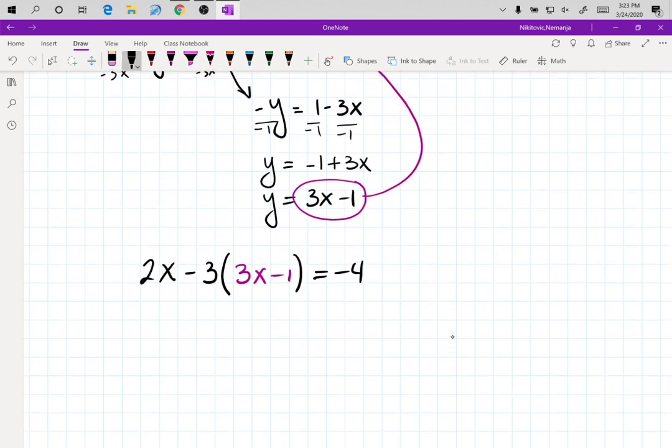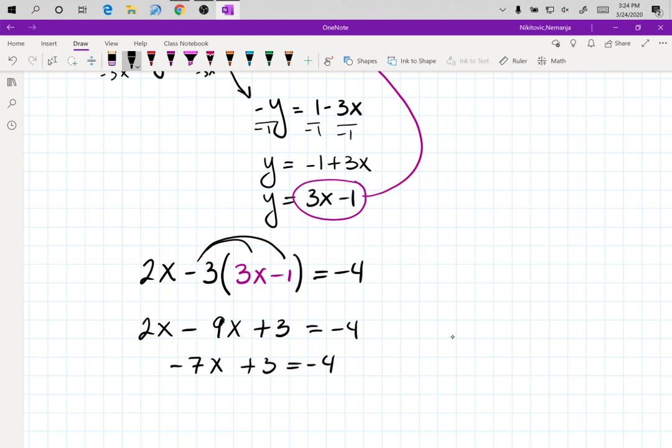Once we have that, we are going to say 2x minus 9x plus 3, because this negative 3 needs to be distributed to both of the members in the parenthesis. And that's equal to negative 4. So now, 2 minus 9, that's negative 7x, plus 3 equals negative 4, minus 3 on both sides.